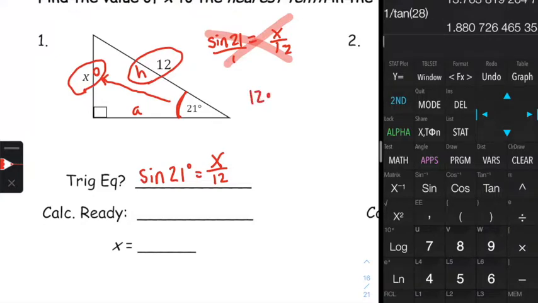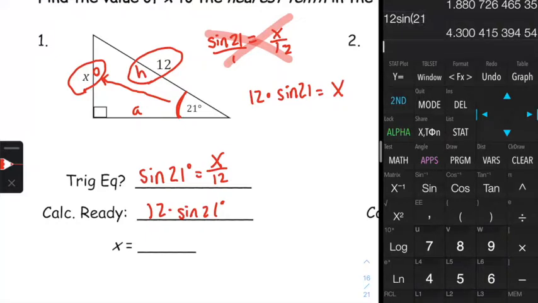Whatever you're multiplying by, it's good to put that number out in front, because if you don't close the parentheses when you're typing everything in, that's going to mess you up. And that's actually your calculator ready form right there: 12 times sine of 21 degrees. And then we'll just type that in. 12 sine 21, and apparently about 4.3.